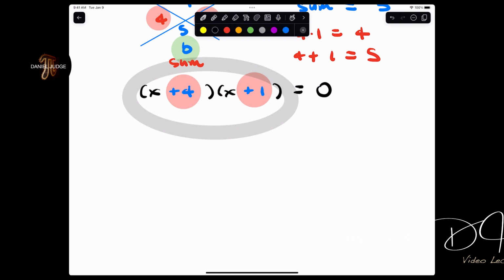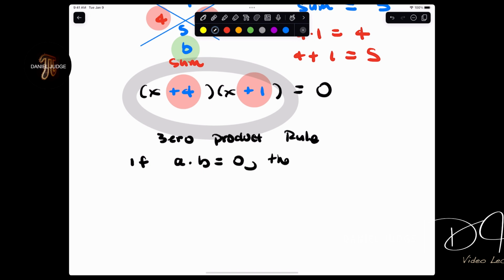Now, the zero product rule, we're going to write that down. We're going to solve this quadratic. And let's write down the zero product rule. There's a couple of ways we could look at it. We can say if a times b equals 0, if you ever multiply two numbers equal to 0, then that means either of the numbers were 0.